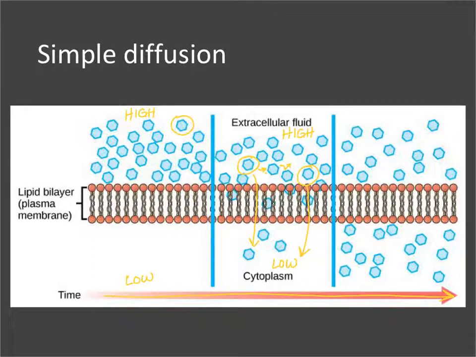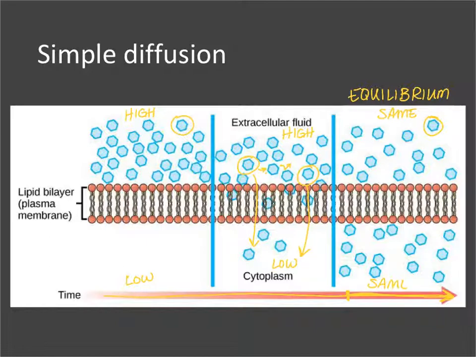Now, in this last panel, kind of down here, this is what happens when the cell reaches that equilibrium that we talked about. So equilibrium means that the concentration of these molecules on either side of the cell membrane are the same. So there's no longer a concentration gradient.